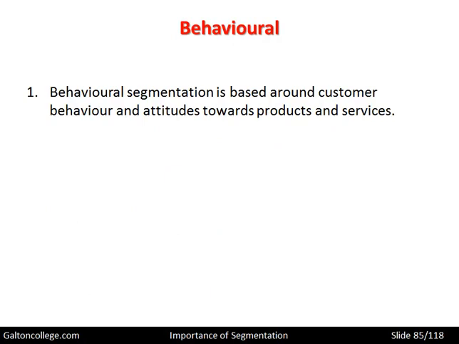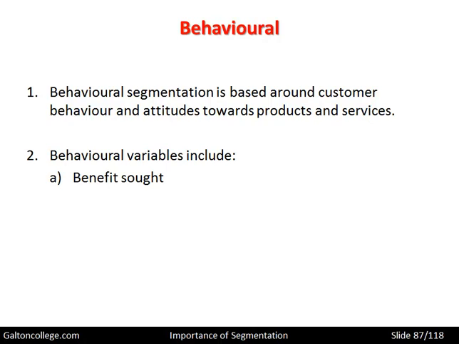Behavioral. Well, behavioral segmentation is based around customer behavior and attitudes towards products and services. Now, behavioral variables could include the benefits that are sought. It's looking at our attitudes and our behavior towards products and services. So we're looking for benefit. The consumer is looking for a benefit.